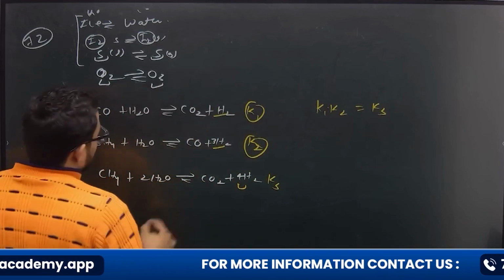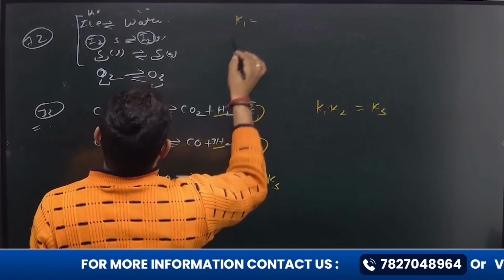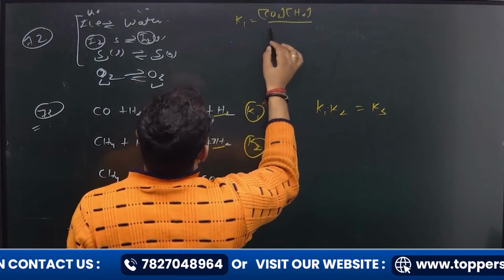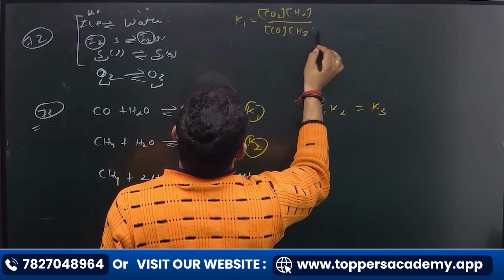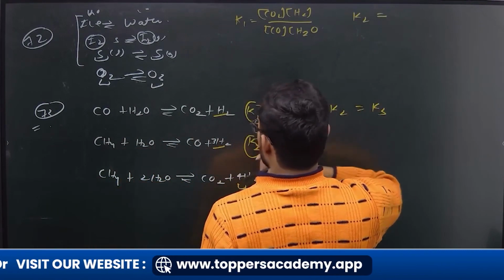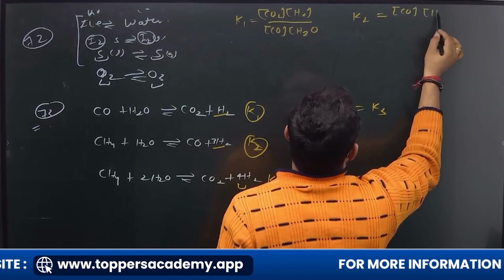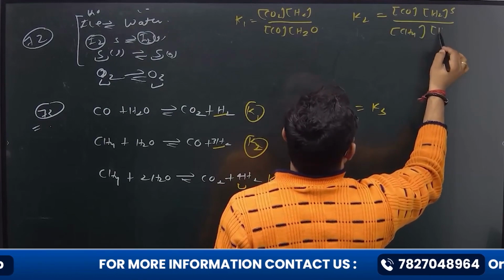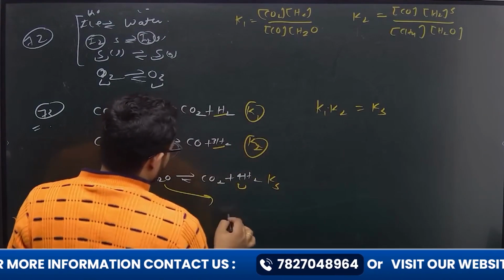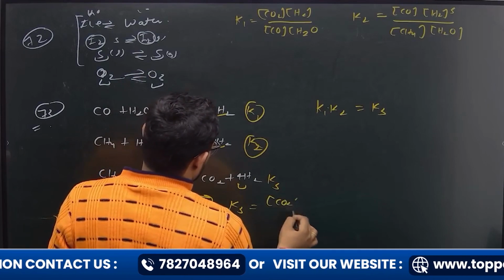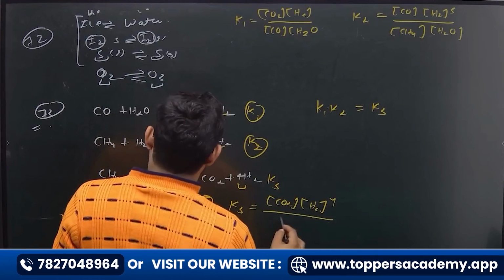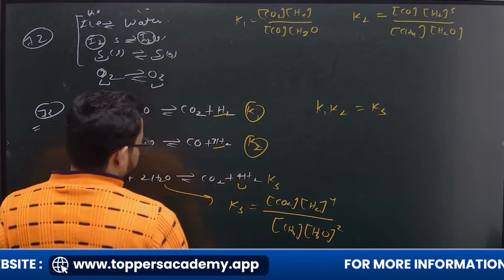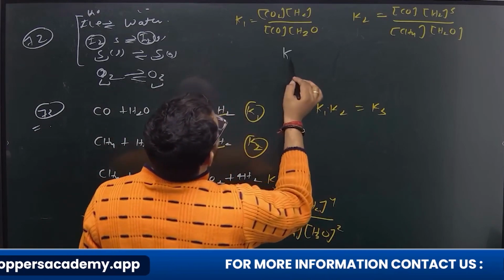You can see that. What is the value of K1? K1 is equal to concentration of CO2, concentration of H2 upon concentration of CO and H2O. What is the value of K2? Concentration of CO, concentration of H2 thrice upon CH4 and H2O. Now what is the value of K3? I'm going to multiply them, K1 into K2.